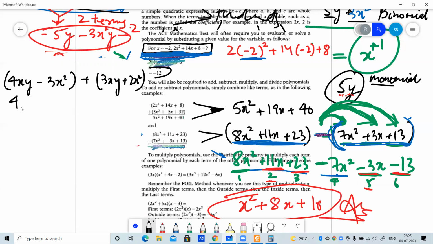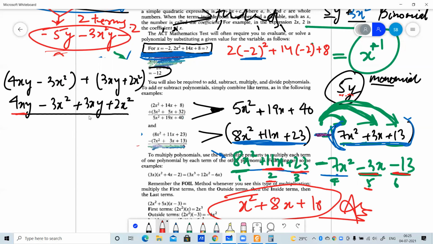So you can write as 4xy minus 3x squared plus 3xy plus 2x squared. Now, this is the whole polynomial. Now, can you see the like terms and unlike terms? Yeah, I see. You can combine 2x squared and negative 3x squared, and then 4xy and 3xy.